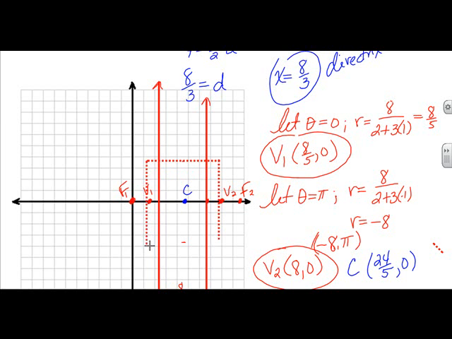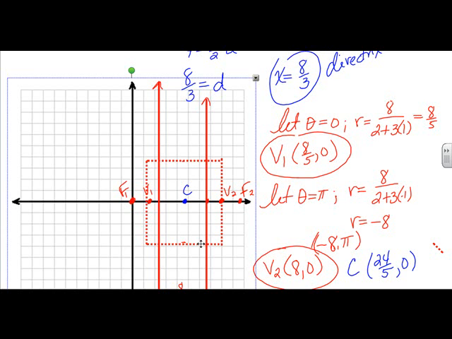Okay, the box allows me then to draw asymptotes, which I need to be able to sketch. The asymptotes should go through the center and through the corners of the box.